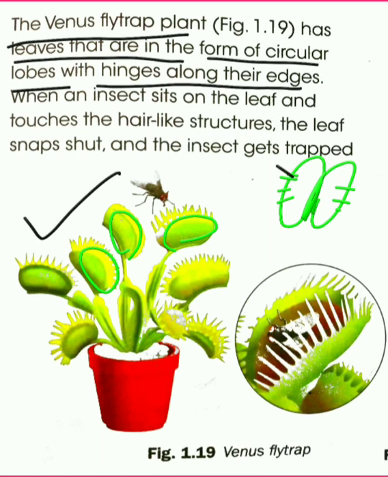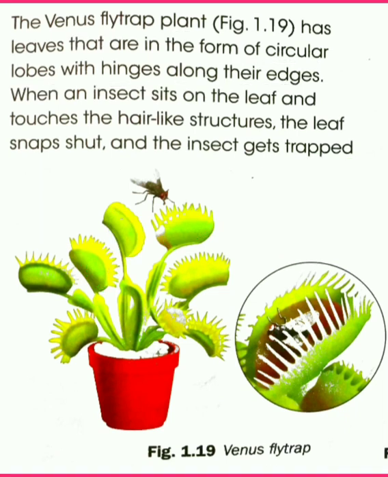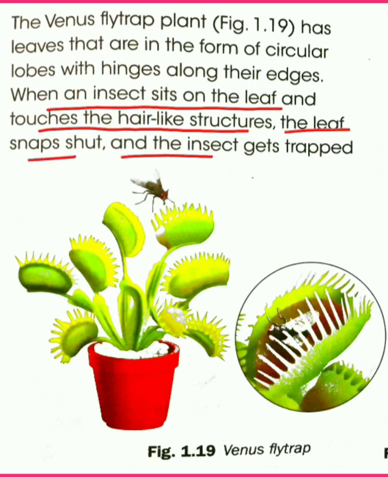It has even hair-like structures. So when an insect sits on the leaf and touches the hair-like structures, the leaf snaps shut and the insect gets trapped inside and gets digested over a period of time.